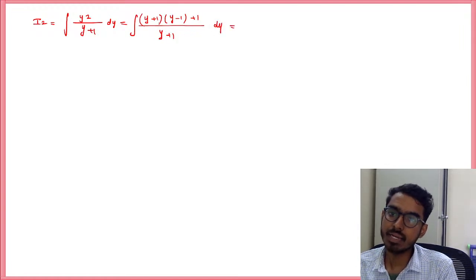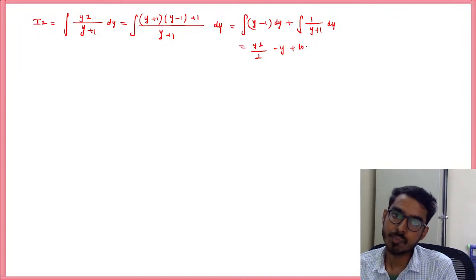Now when you divide separately, this y plus 1 will get cancelled. We will have the integration of y minus 1 dy, and the integration of 1 by y plus 1 dy, which will be y square by 2 minus y plus log of y plus 1.